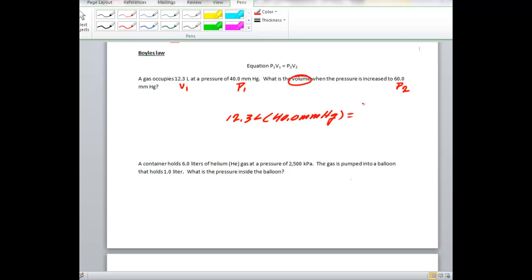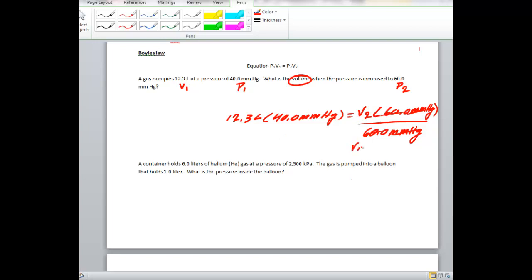And that is equal to V2 times 60 millimeters of mercury. If I want to get V2 by itself, we should know that we can divide this side by 60.0 millimeters of mercury, canceling out those units.